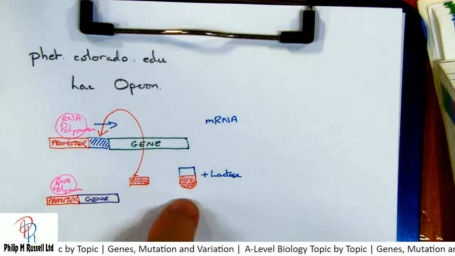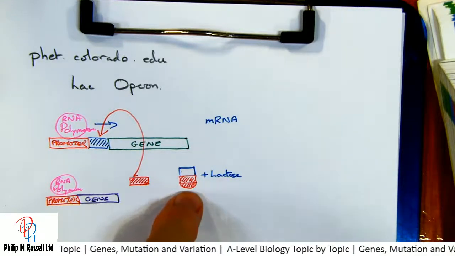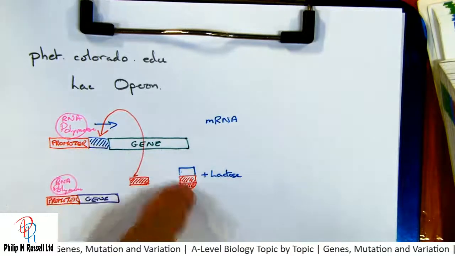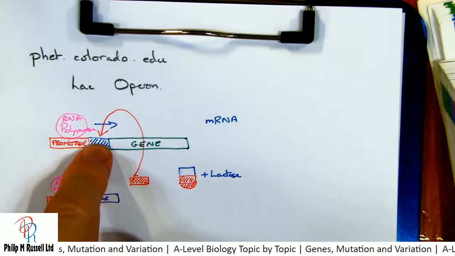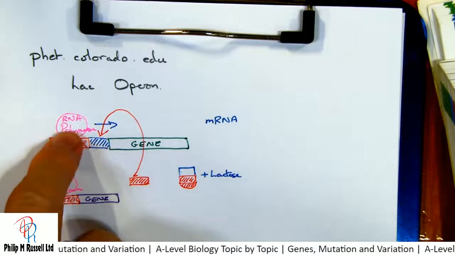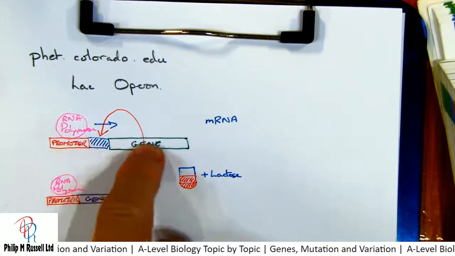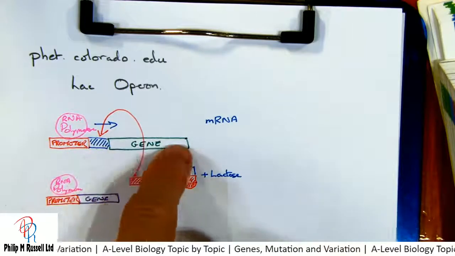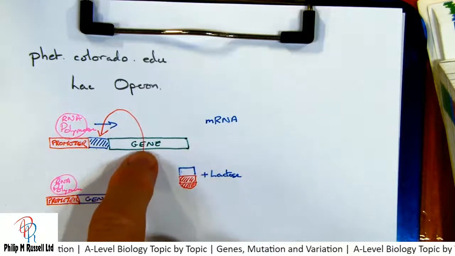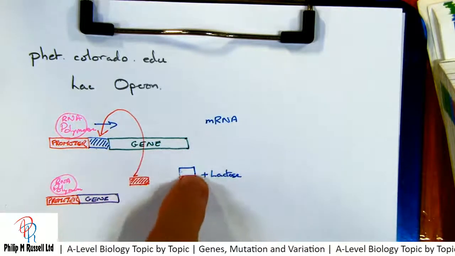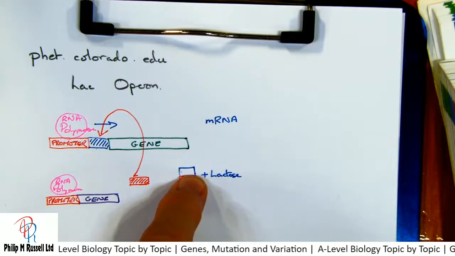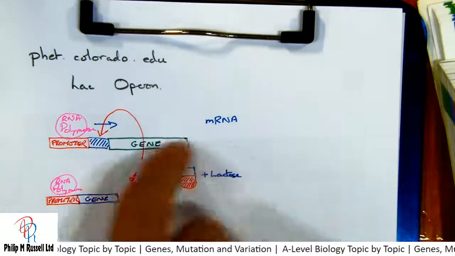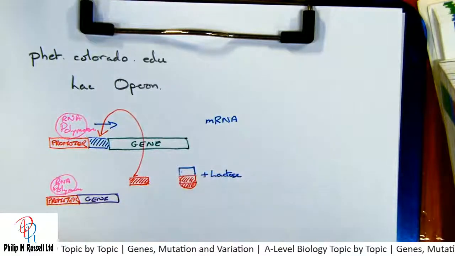As it's changed shape, it can't now bind to this gene. And if it can't bind to this gene, then the RNA polymerase can go along and make here the lactase, which can break down the lactose. And it does so, and it keeps breaking down the lactose until there's no more.